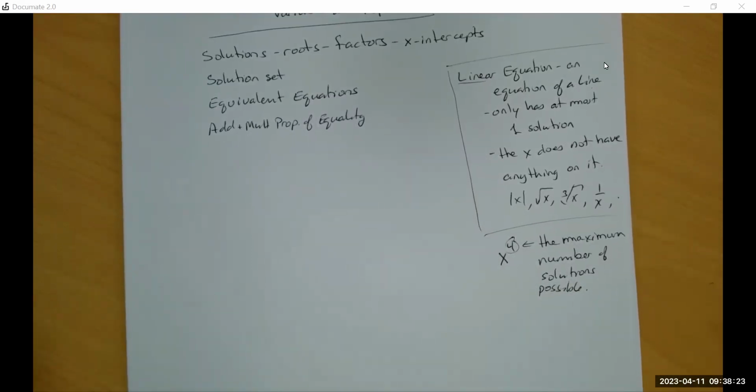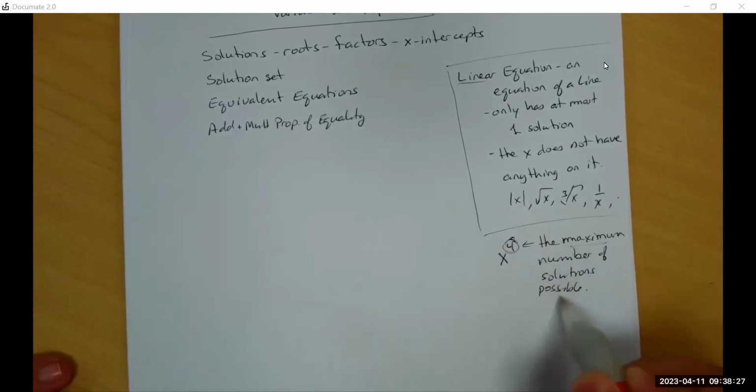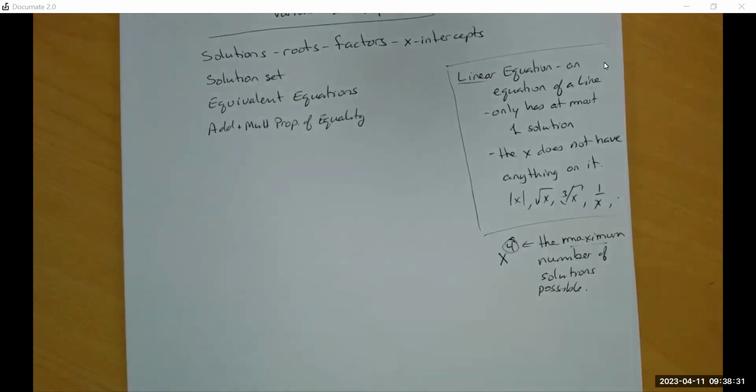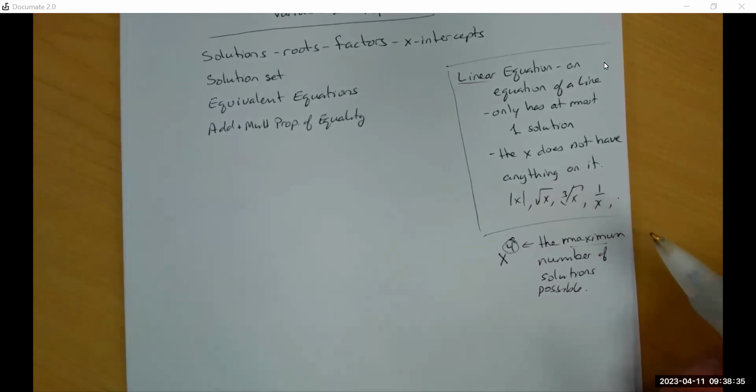So if you have an x in an equation, the exponent tells you the maximum number of solutions possible. Since in our equations, x just has a 1 on top of it, that means it only has one solution.